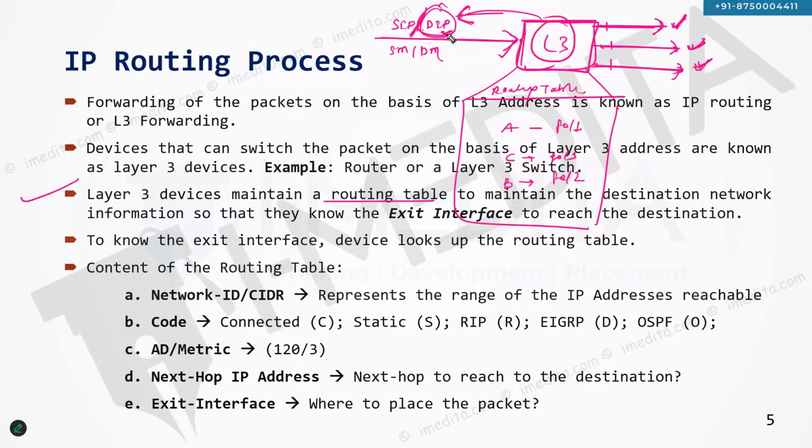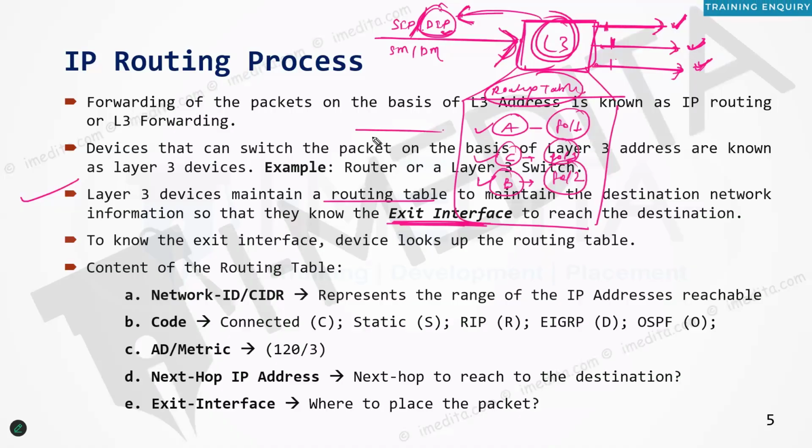These devices maintain a table called a routing table. In that table, they maintain this information: in order to go to destination A, B, or C, which interface is the appropriate interface to forward the packet. All the layer 3 devices, these routing capable devices, care about is the exit interface. If I have to forward the packet, which interface is the exit interface for that particular destination?